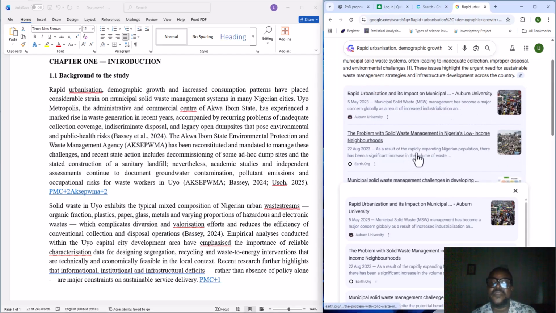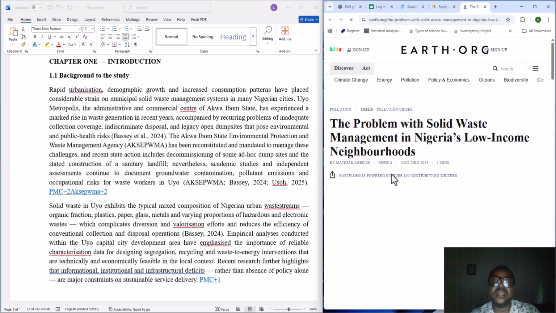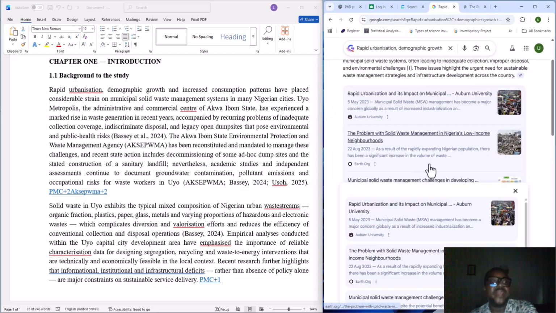And this one is very close, because it says that as a result of the rapidly expanding Nigerian population, while this one says rapid urbanization, demographic growth. Demographic has to do with population. There has been a significant increase in the volume of, let's open this and read it together. There has been a significant increase in the volume of waste.